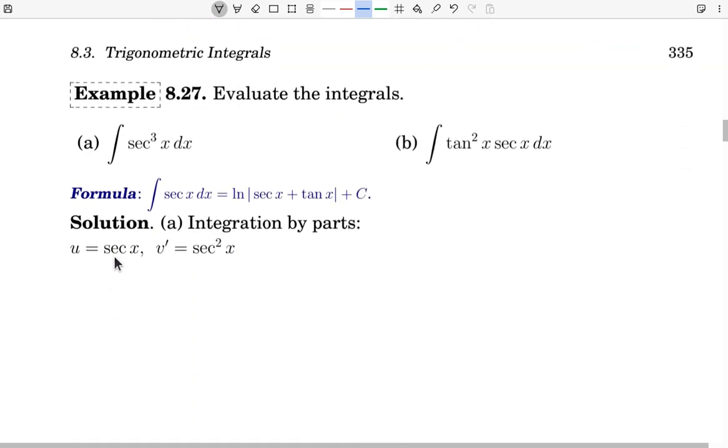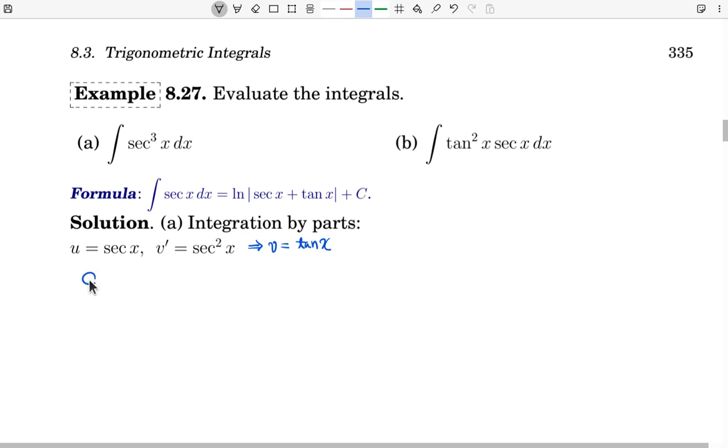u is sec x and v prime is sec squared. Then from here, v, the antiderivative, is tangent x, right?